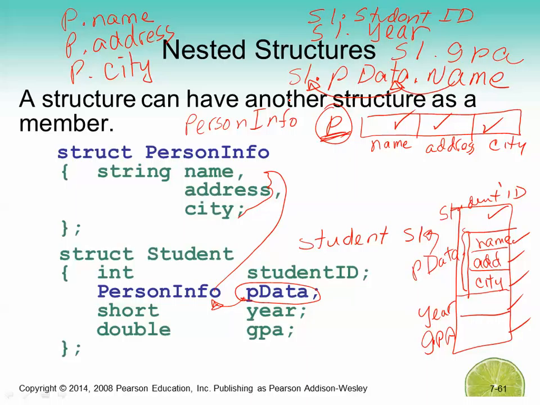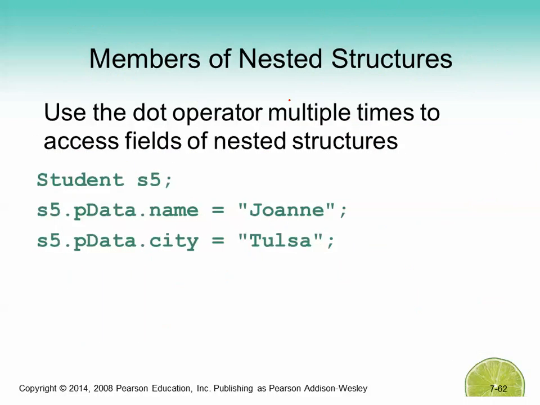S1 dot city. Exactly, s1.pdata.city. If I need to access address, what do I need? s1.pdata.address. Okay, so we have that information right here.